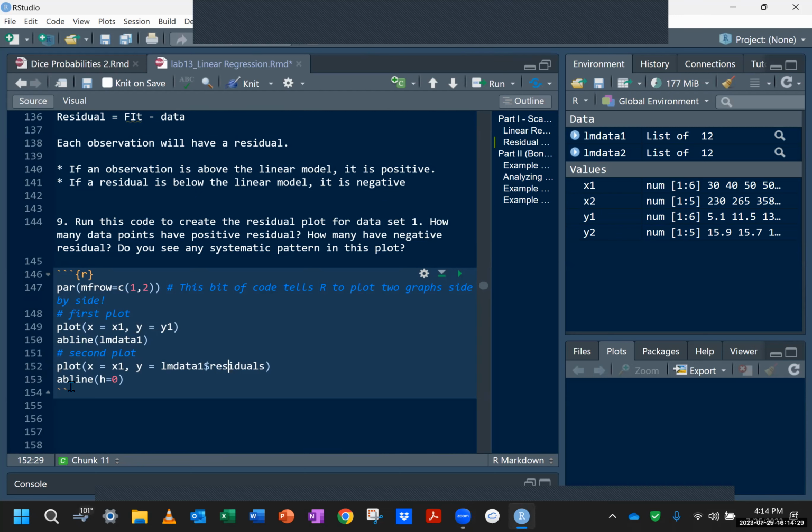Okay, so the second plot here describes the residuals. So I'll highlight this for us. What's going on here is this point right here, we can't really see it, but it's vertically above the line of best fit. I want to make this bigger so you can really see what I'm talking about.